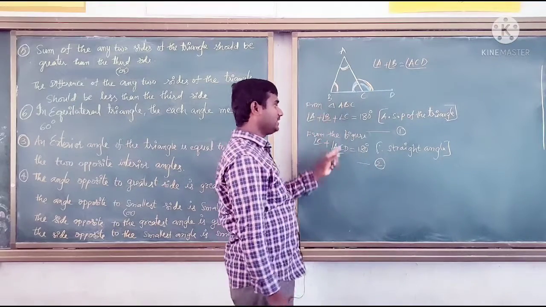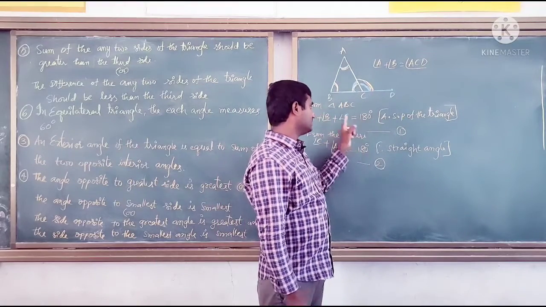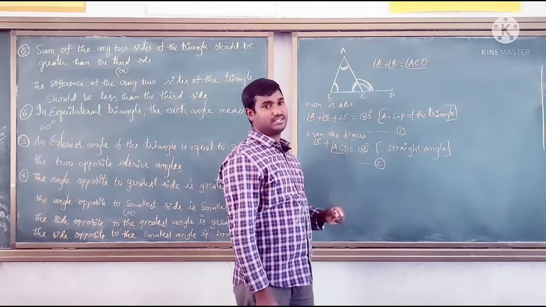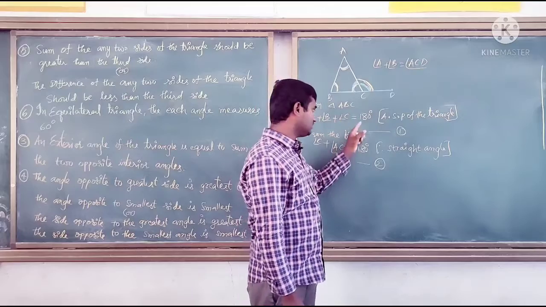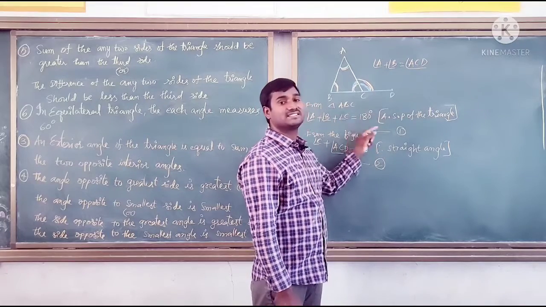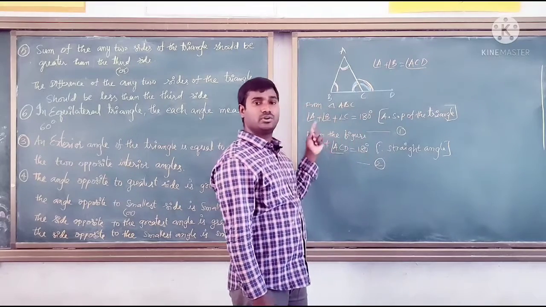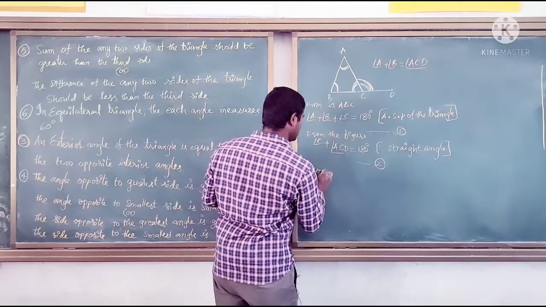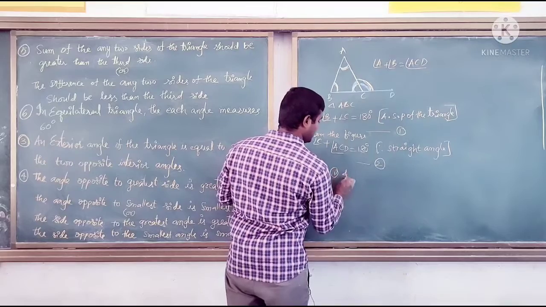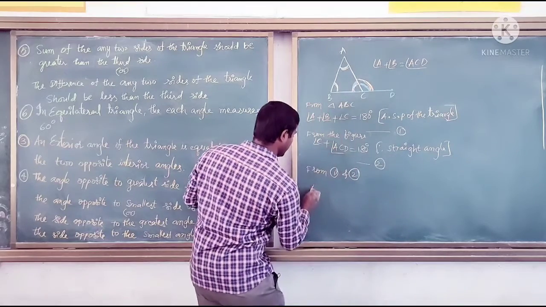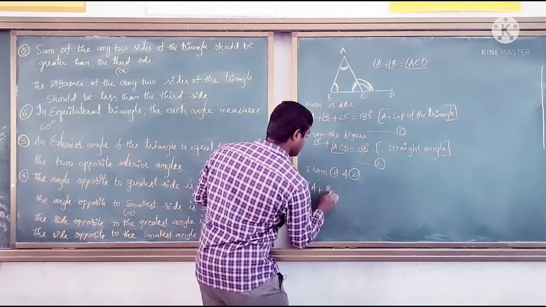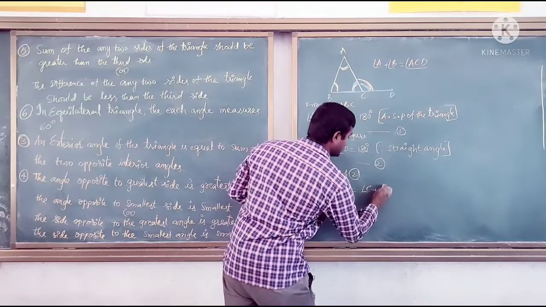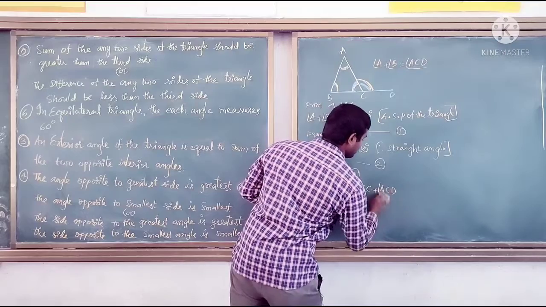The sum of these three angles equals 180 degrees, and the sum of these two angles equals 180 degrees. In equation 1 and equation 2, if the RHS are equal, then the LHS are also equal. So from equation 1 and 2, angle A plus angle B plus angle C equals angle C plus angle ACD.